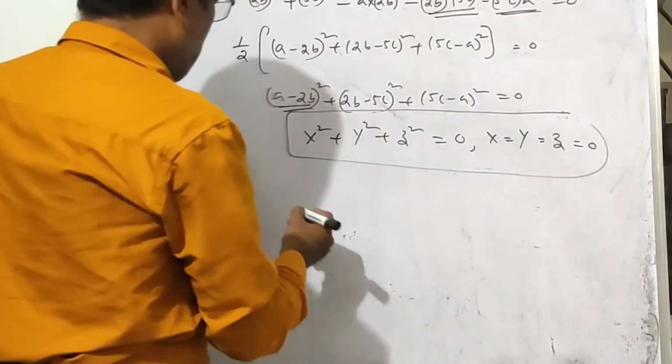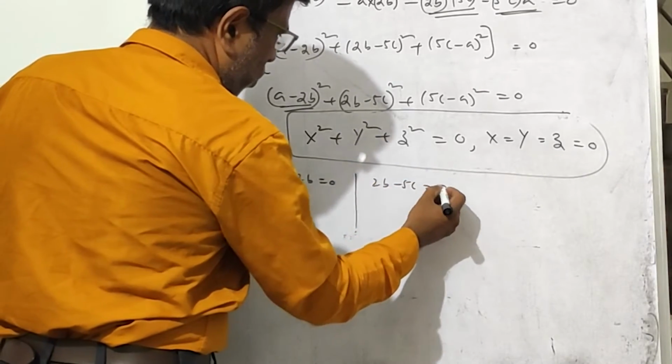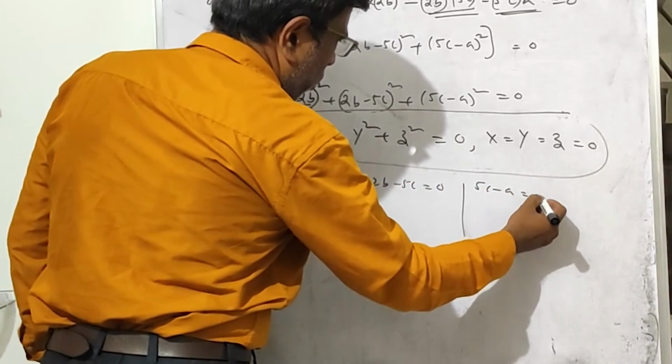So each of these must be 0: a minus 2b equals 0, 2b minus 5c equals 0, 5c minus a equals 0.